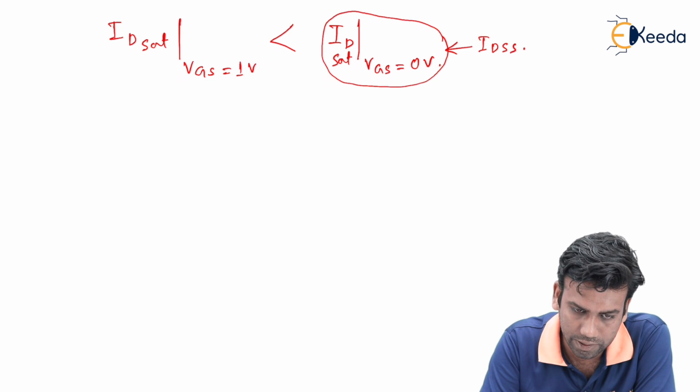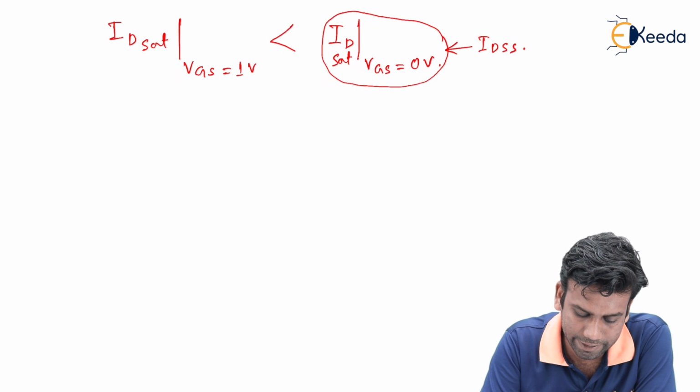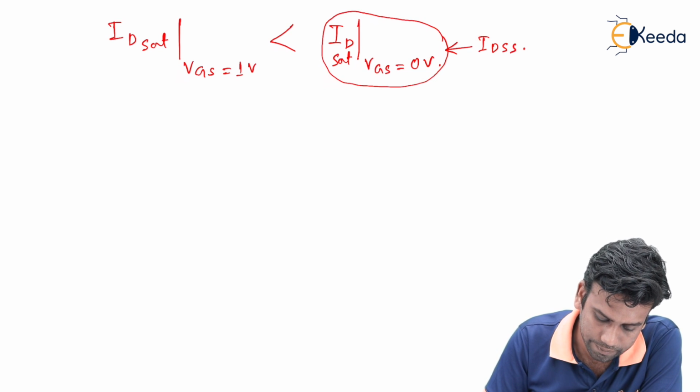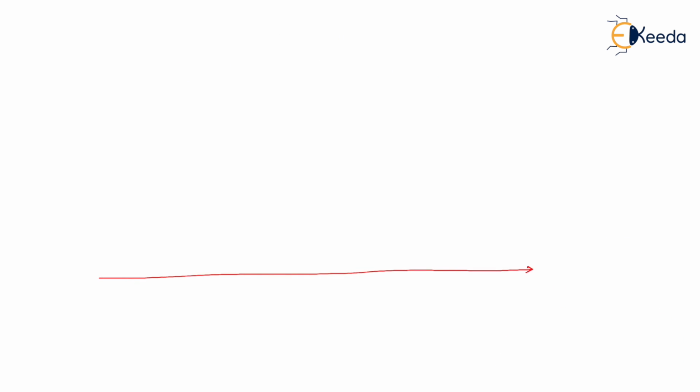And if we draw the characteristics of the JFET, then the characteristics will look like this. Let us take ID on the y-axis and VSD on the positive x-axis. First let us draw the curve for the gate voltage equals to 0.